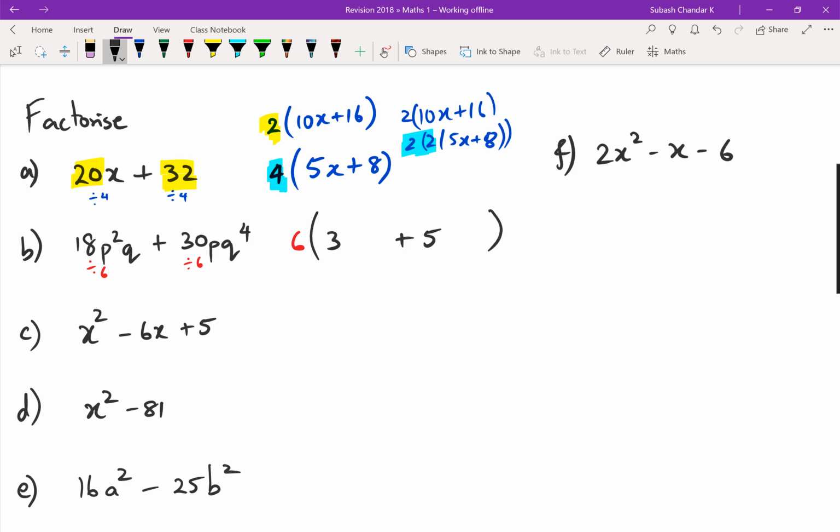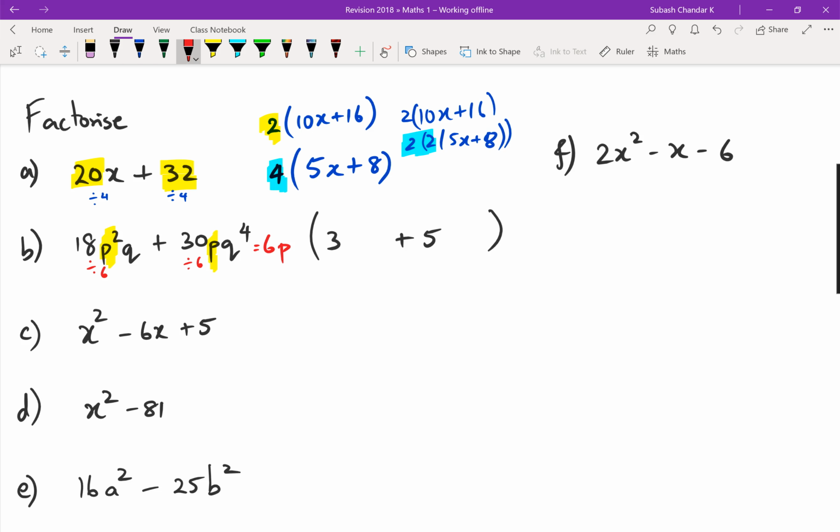But I've also got all these letters there. I've got P and Q. Now I can look at what's the highest common factor between them. So I'm going to put a 6 here. Between P squared and P, the highest common factor is just P by itself. So I can take P outside of the bracket.